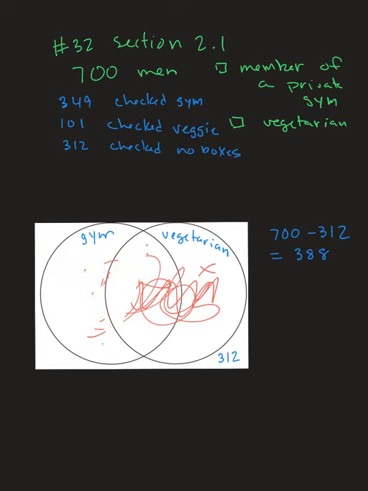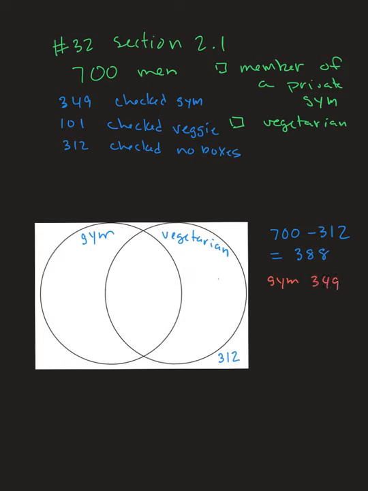But if you look at the gym people and the vegetarian, I'm going to write this on the side. So gym is 349 people altogether, and vegetarian is 101 people altogether.